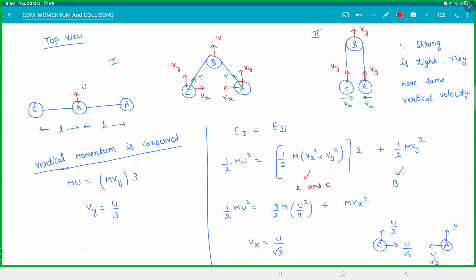So they're placed on a flat surface. See here, there is no gravity only.